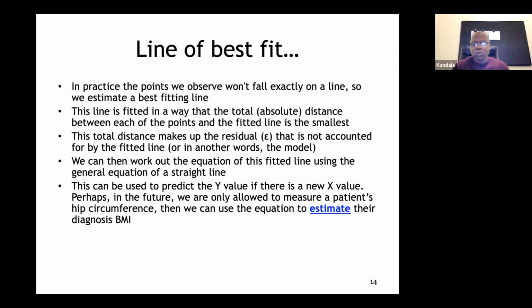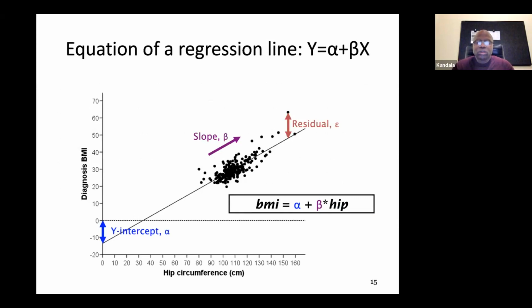Then we can use the equation there to estimate the diagnosis of BMI. So it is a very useful technique, and it is cost effective as compared to the correlation coefficient, where we need the outcome to be measured at the same time to find the association.